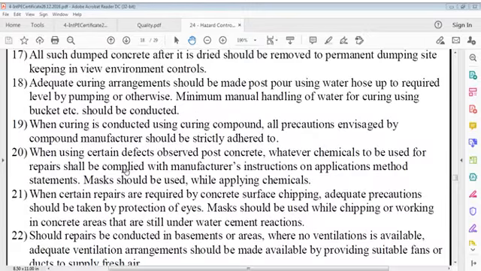When using construction chemicals for repairs of defective concrete, the manufacturer's instructions should be complied with for that application method. A mask should be used while using curing compound or applying construction chemicals for repair. These are very important facts from a safety viewpoint.